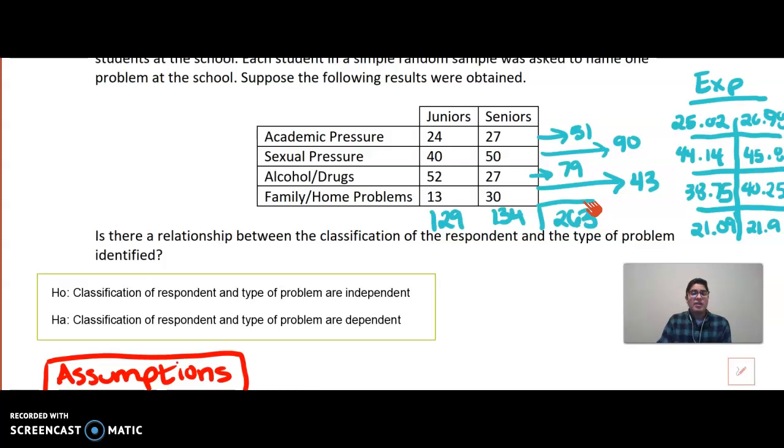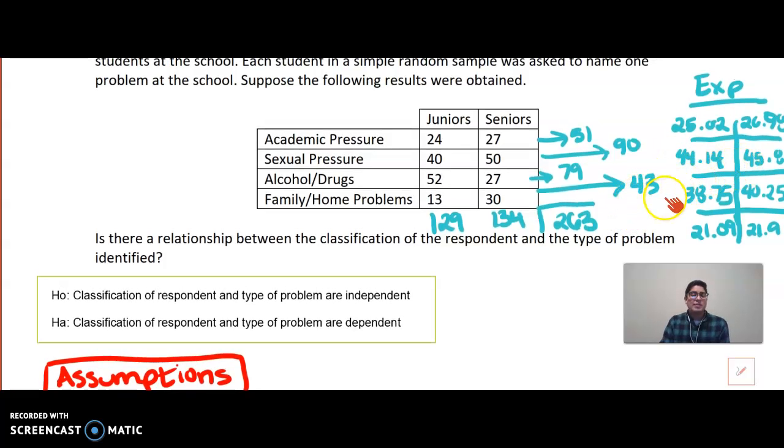Now, based on our expectation formulas, I'll take 129 times 51, divide that by 263, and get about 25.02. I'll take 129 times 90, divide that by 263, get about 44.14, etc. So essentially, I'm just multiplying the row and the column total and then dividing by the total amount to find what the expected count is in the long run.